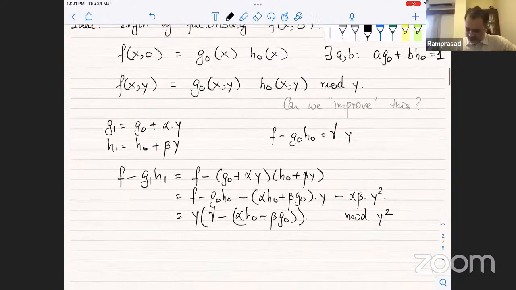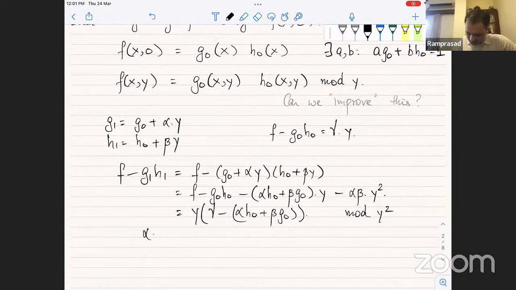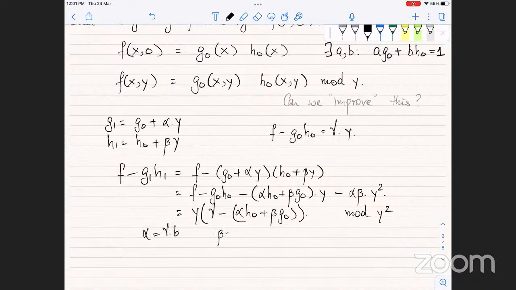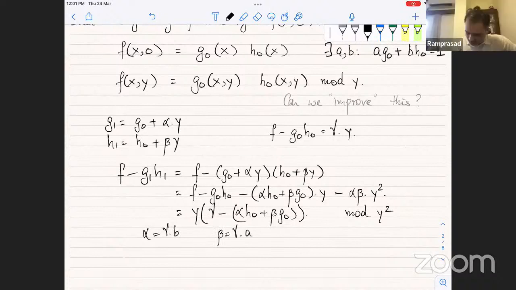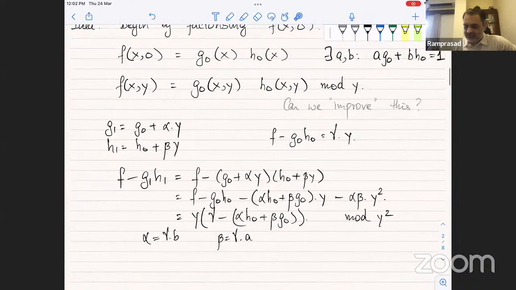Once you have that, you can now set alpha to be equal to gamma times b and beta to be equal to gamma times a, and this will basically become gamma times a g0 plus b h0. That cancels this gamma and all is done. So I need to somehow make sure that the factorization I started off with has the property that g0 and h0 are co-prime.